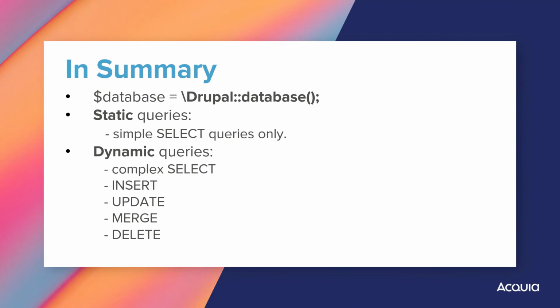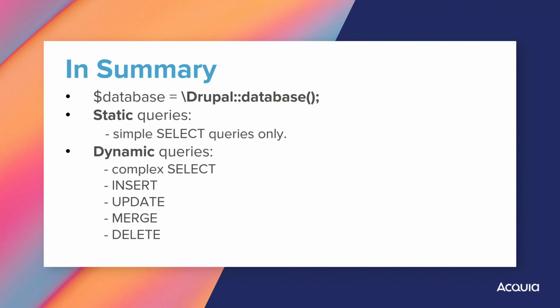In this video, we were introduced to the capabilities and flexibility of Drupal's database API. We learned that it is also called the database abstraction layer. Remember to use \Drupal::database to obtain a connection object to the active database of Drupal. It is this object that you use to begin building each database query.